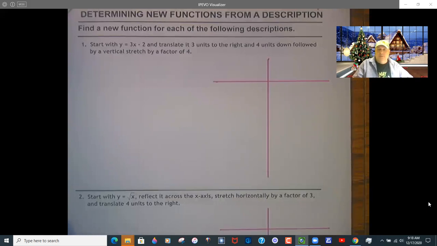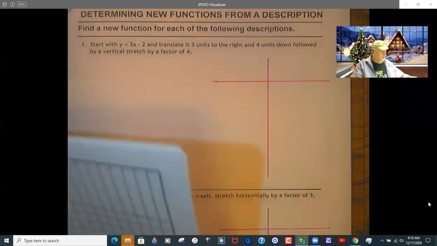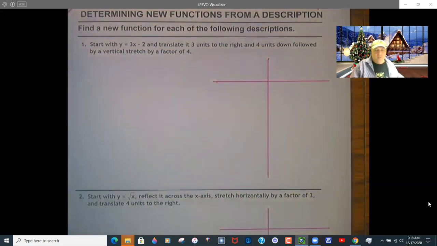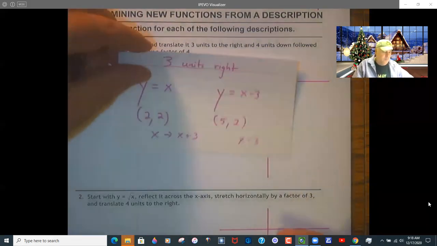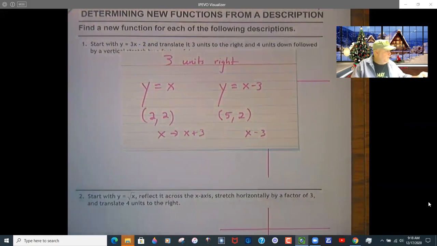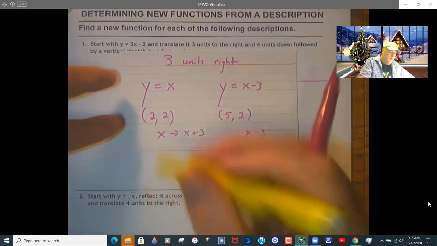So what we're doing is we are dealing with what are called function transformations. And to kind of give you an oversimplified approach, let's just start with a real simple one. Let's say we wanted to take the function y equals x and slide it 3 units to the right on the coordinate plane.